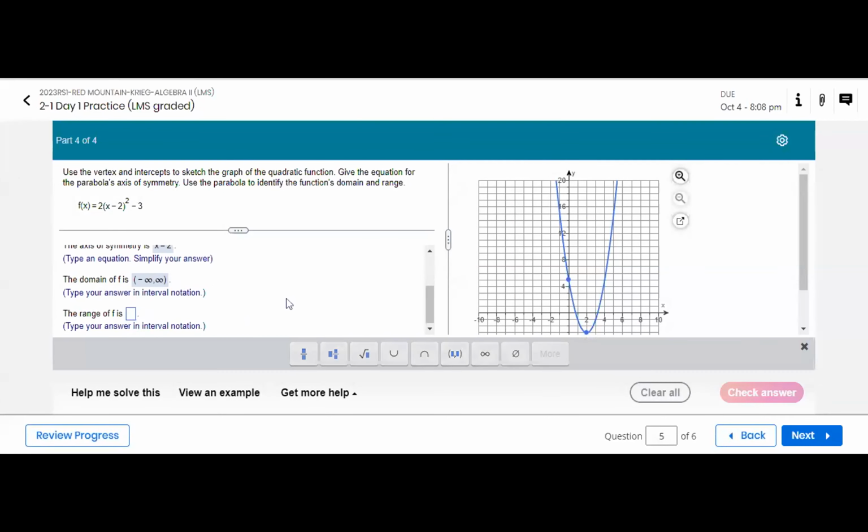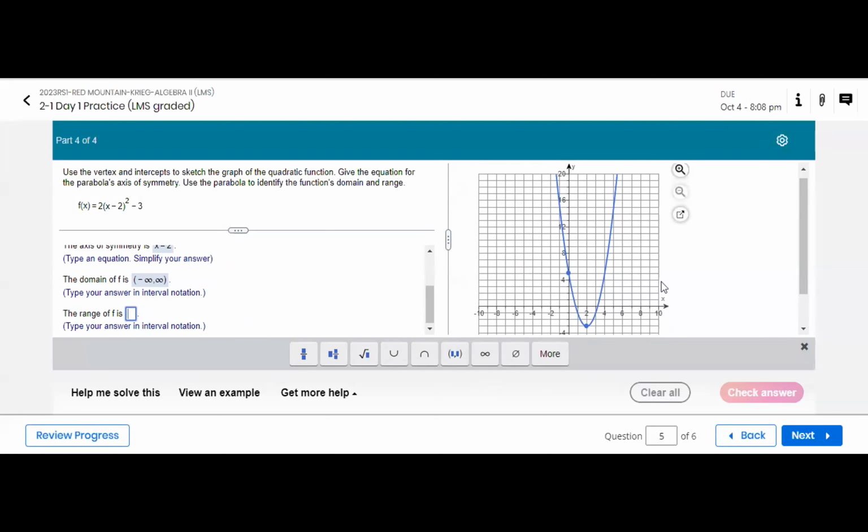The range of F. So range depends on whether it opens up or down. It opens up. Yeah, so it's the smallest y value. What's the smallest y value? How far down does that go? What's the y value there at the vertex?